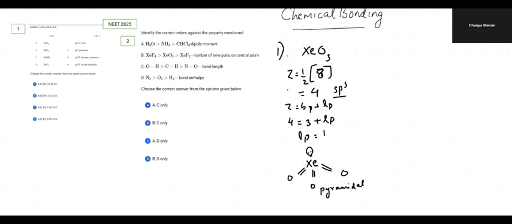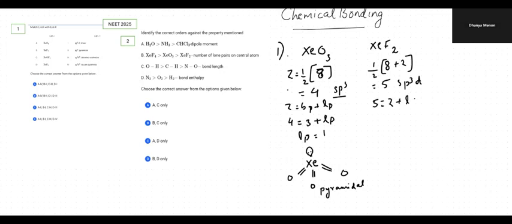Okay, next is XeF2. So half of 8 plus there's no positive and negative charge, but there are 2 monovalent atoms. So 5. So 5 means it is sp3d. Yes, sp3d. And checking the number of lone pairs. So 5 is equal to how many bonds are there? 2 plus lone pair.